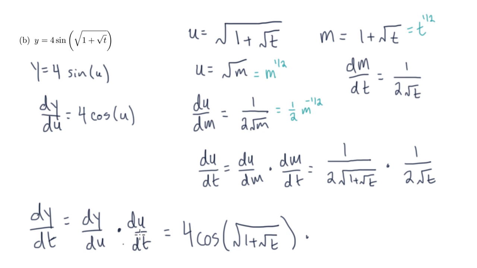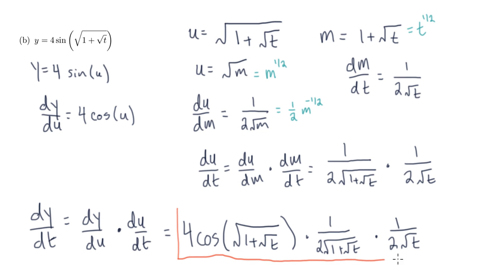And then we multiply by du/dt, which is 1 over 2 square root of 1 plus square root of t times 1 over 2 root t. So this whole nasty expression is dy/dt.